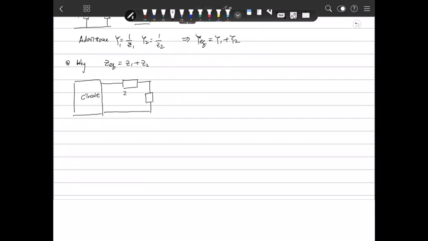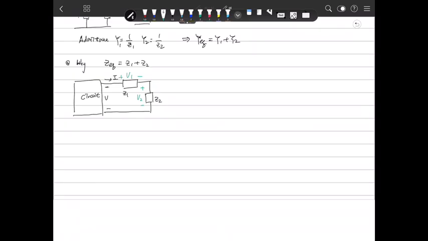When we say this is Z1 and this is Z2, then we can define this as V and this as current I. Then this voltage is V1 and this voltage is V2.